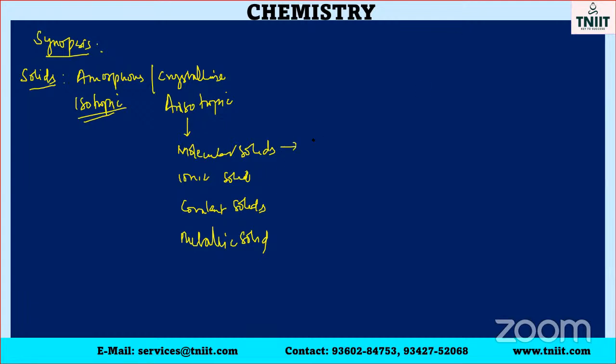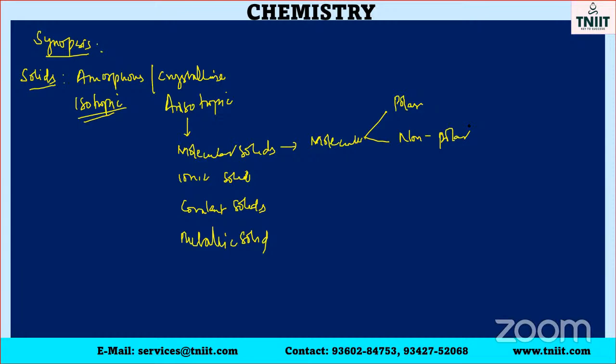In molecular solids, the particles are molecules. And these molecular solids are of two types. One is a polar molecular solid. The other one is a non-polar molecular solid. So polar molecular solid means molecules which are having a polarity.